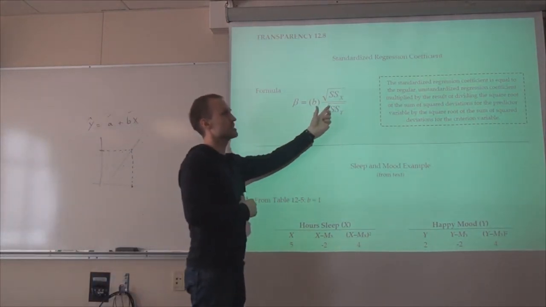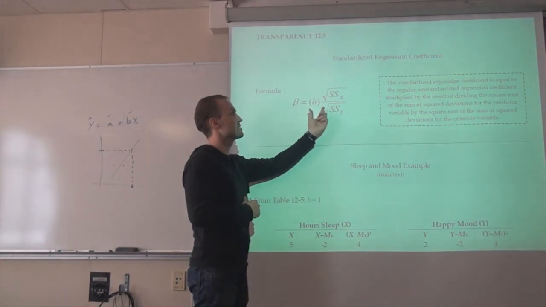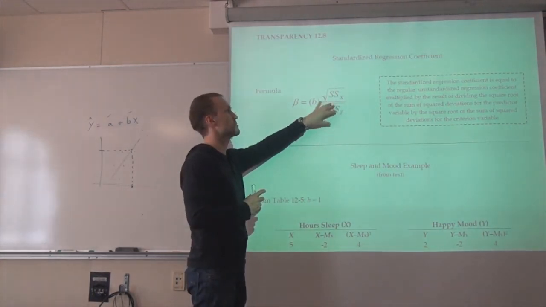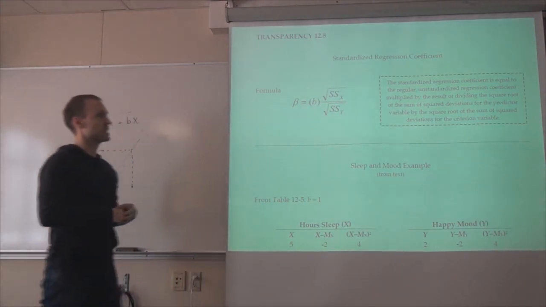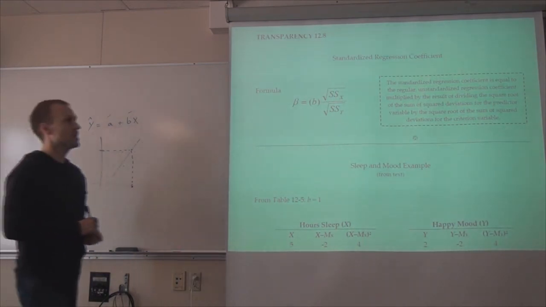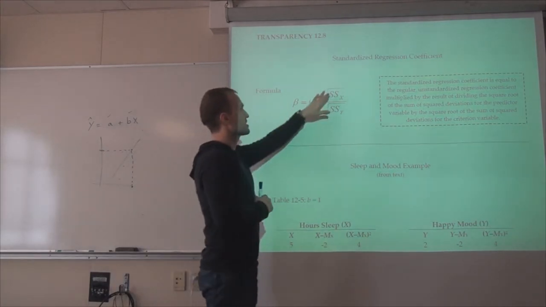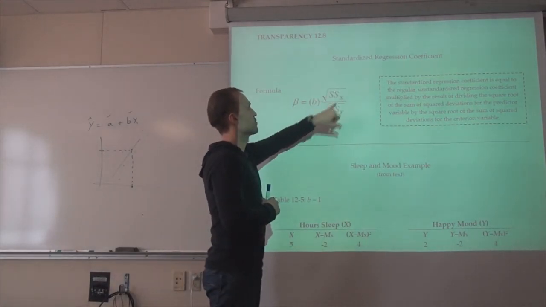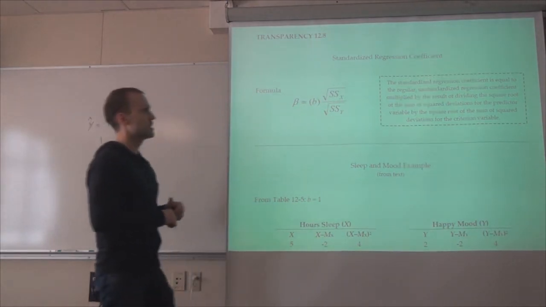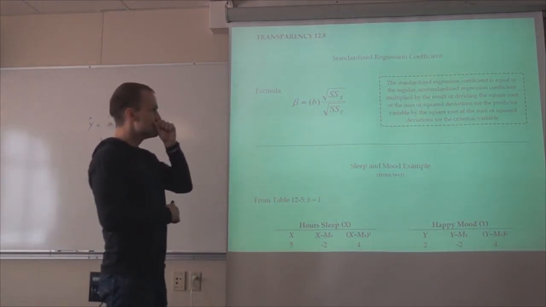Essentially I'm incorporating the variance in the x and the y in some way to just standardize the B a little bit. And I call that the standardized regression coefficient. So I take the two sum of the squares. The top one is the x and the bottom one is the y, the square roots, and I multiply them.